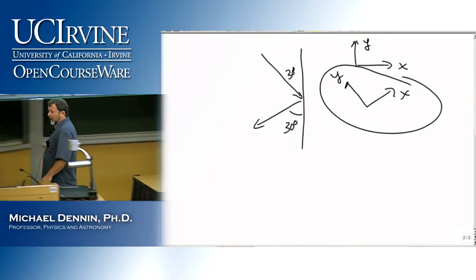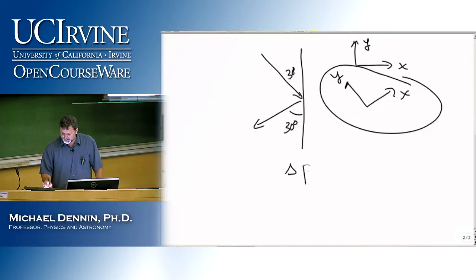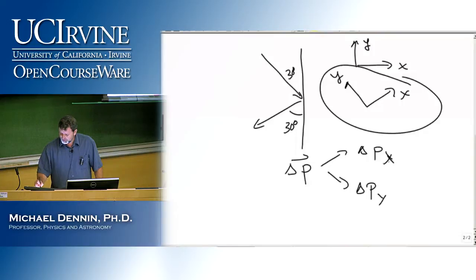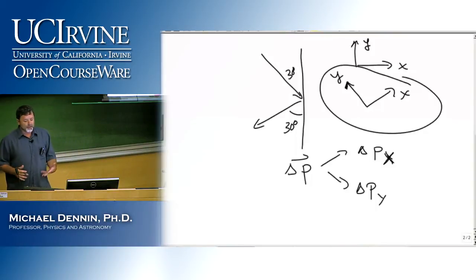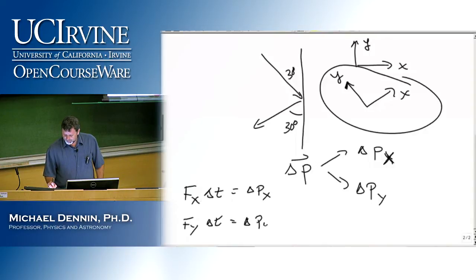OK, so let's start. What I want you to do, write down, we're going to be looking for delta P, which means we're going to need perhaps a delta Px and a delta Py. And maybe by picking this coordinate system, we don't have to worry too much about components. And we're going to get a force in each of those directions by using that. So quickly write down for yourself, what would delta Px be?